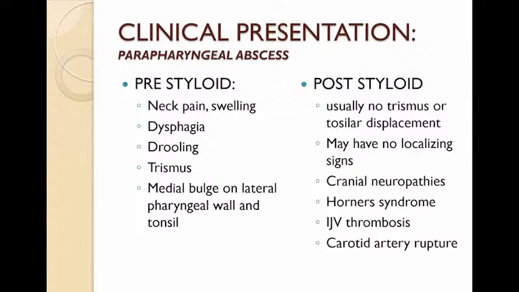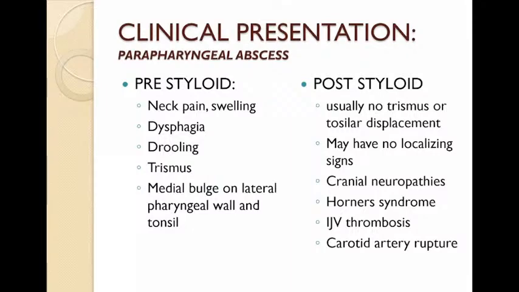Now, clinical presentation for parapharyngeal abscess will depend on whether it's pre-styloid or post-styloid. Post-styloid tends to be on the outer or more lateral segment, whereas pre-styloid tends to be a bit more medial. Hence you get a slight difference in presentation, and the contents of those regions will also differ.